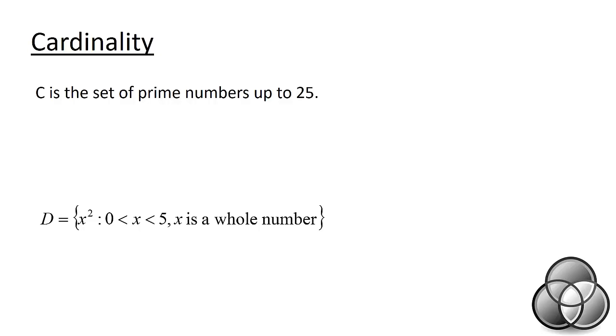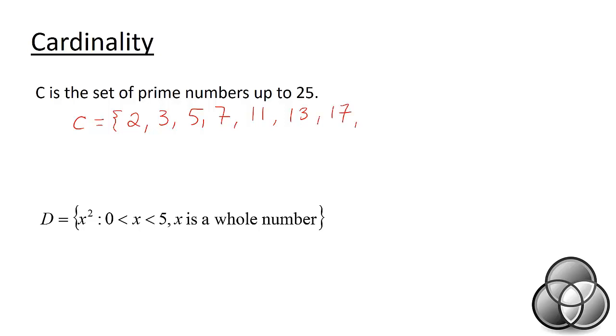All right, let's take a look at how you did. For set C, it might be helpful to actually go through and list our prime numbers up to the number 25. So starting with 2, we have 2, 3, 5, 7. 9 isn't prime, it's divisible by 3, so 11 is our next prime number, followed by 13. 15 isn't, but 17 is.